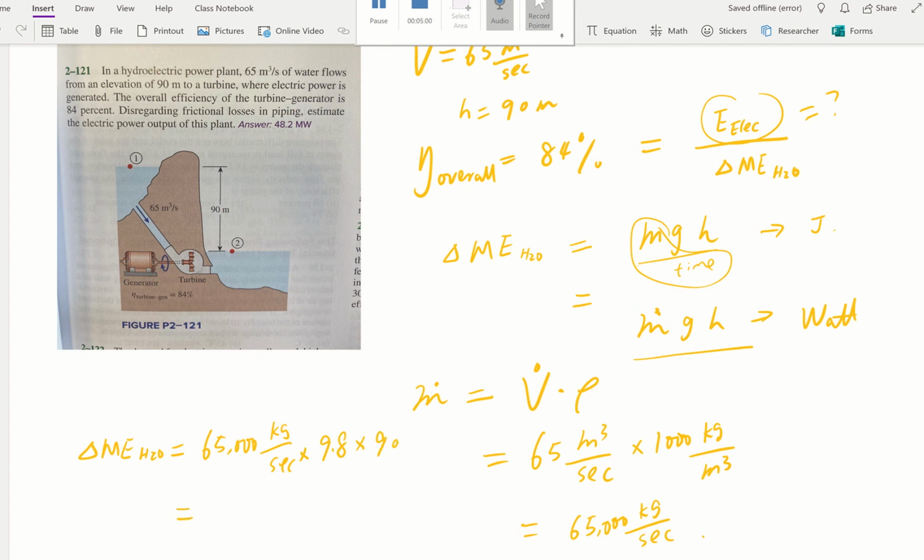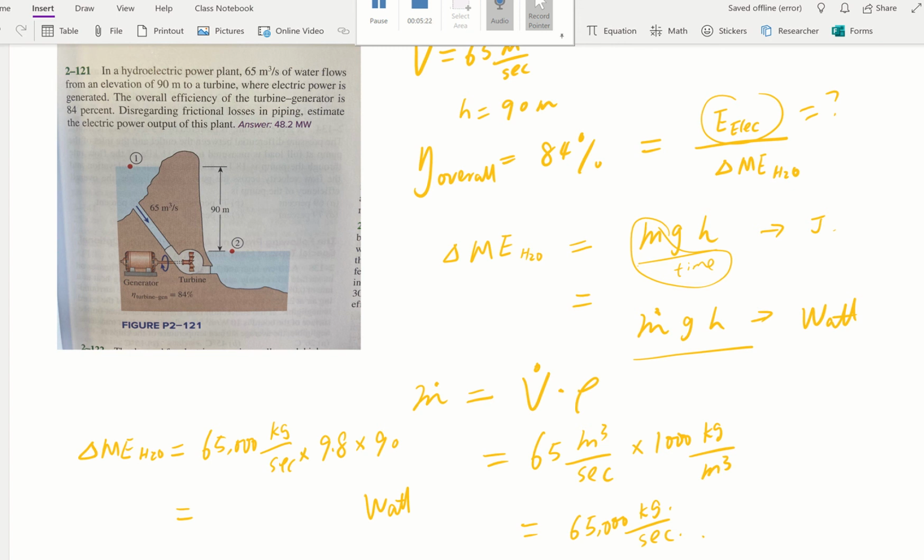Then that would give us a unit of watt, since we're using kilograms per second mass flow rate. So 65,000 times 9.8 times 90 will give a big number.